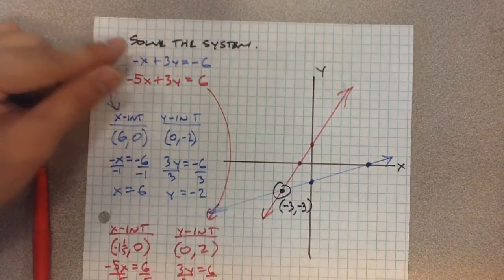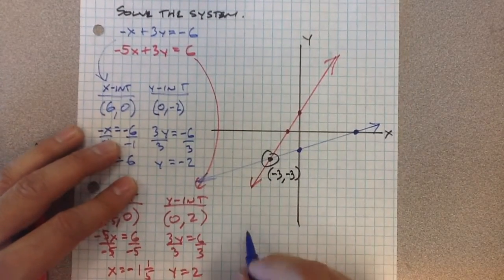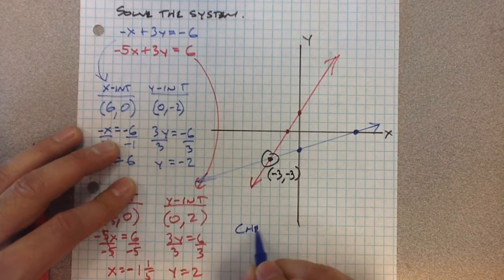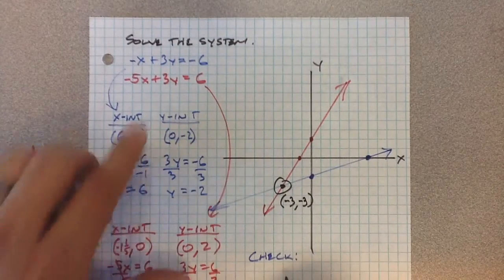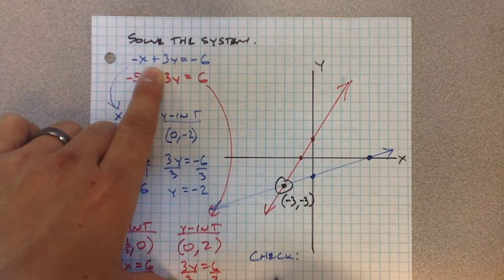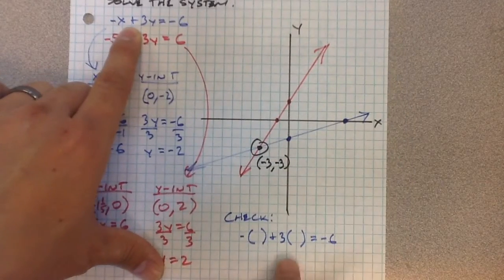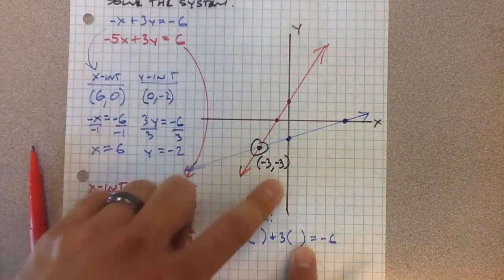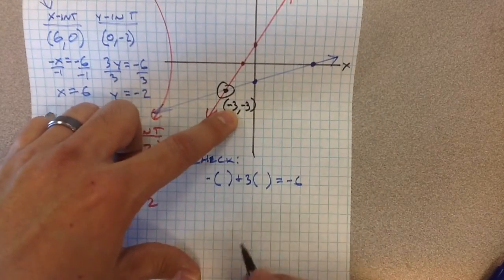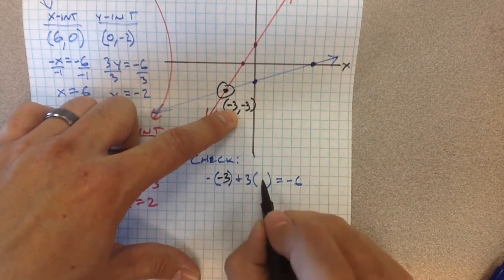All right, so let's check our work. I'll put the check for the blue one right here. So again, to check it, we take our equation, -x plus 3y equals -6. And I'm just going to leave a blank for x and y. And we're going to take our answers and plug them in. So x is -3, y is -3.